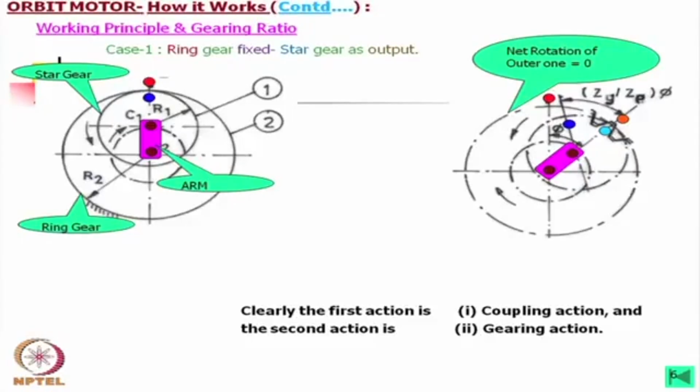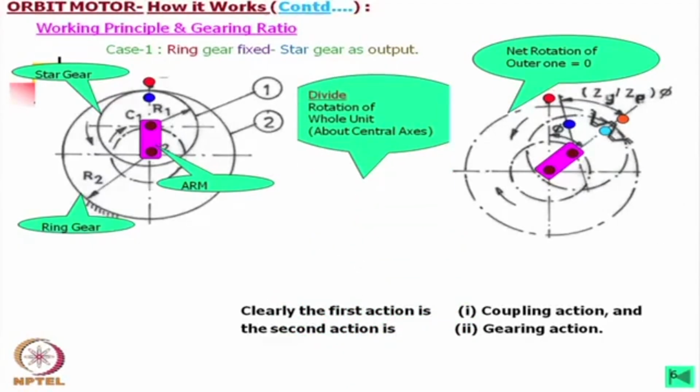So, when we go for the gearing analysis, we have to consider which one is driving, which one is driven, and where the contact is. To analyze this, we must understand these two actions. These two actions simultaneously give the action of harmonic drives or the gearing action in orbit motors.